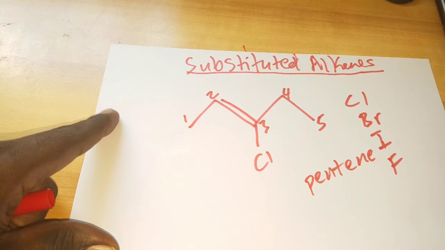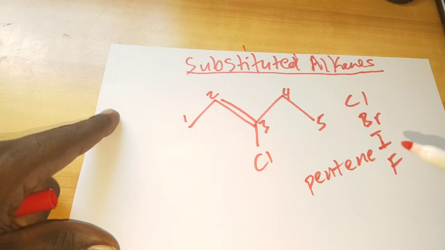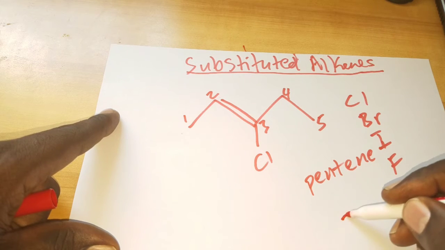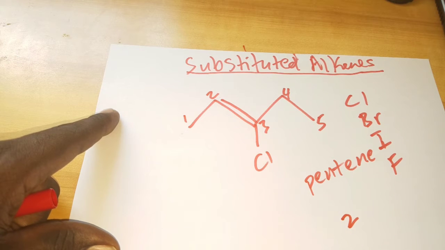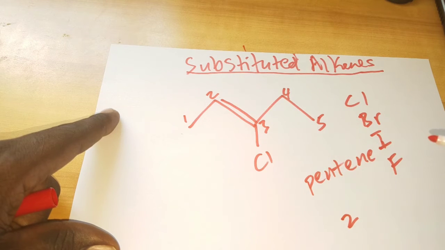When I add up the position of the double bond, which is at position 2, and add the position of the substituent to that, we should get the lowest number possible, right? So in this case, our double bond is at position 2. Now when we're counting from left to right, our substituent is at position 3, as you can see right there. The chlorine is on carbon number 3. So that's 2 plus 3, which is equal to 5.